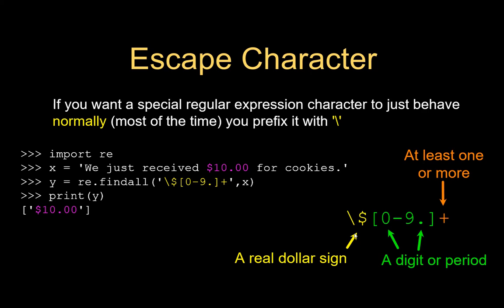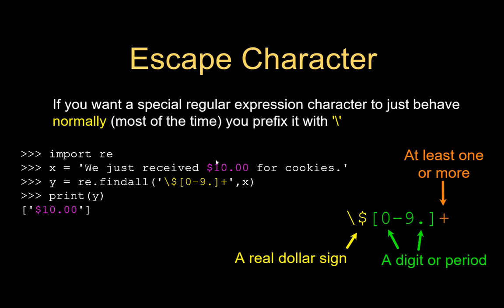And then we have here 0-9 dot, which means a digit or a period, and plus, which means at least one or more times. So if we have an amount of fee or value indicated by a dollar sign, we find all of that and print it here.